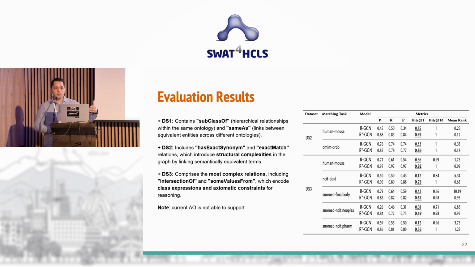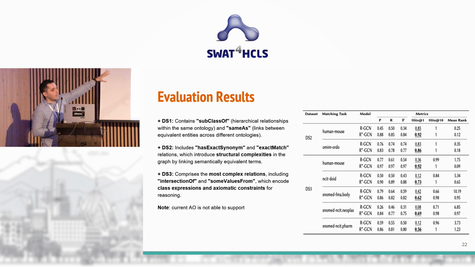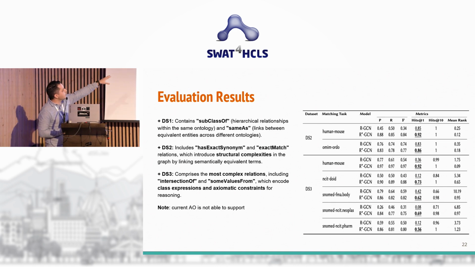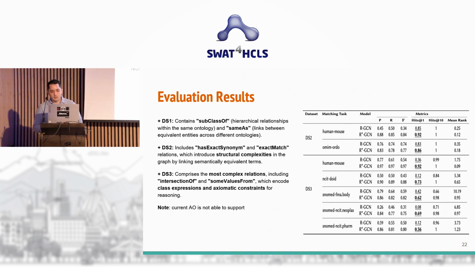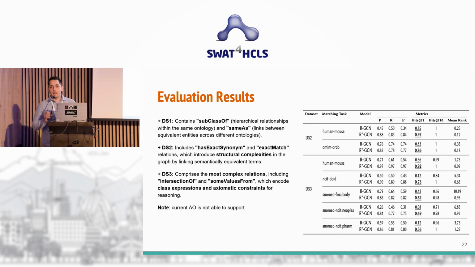Now in addition to subclass-of and same-as relations, we're including in the second task 3 extra relation types, and in the third task, DS3, even more, even including intersection-of and conjunctive properties. And here you now see that, to preserve performance, we need to include the variations, the RDFS metapath rules.